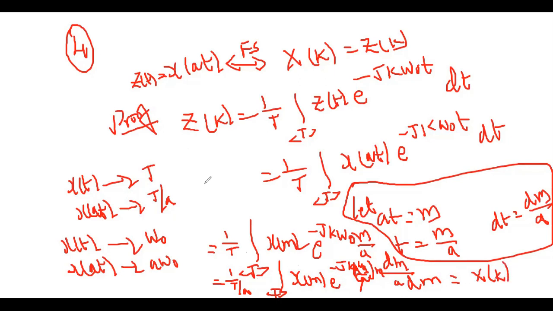Nothing changes: x of k. The time period is T by a, the frequency is multiplied with a and gets cancelled, again the same function. The k omega naught is there, and the time period changes to T by a. z of k is equal to x of k. The scaling property says this. Got it, my dear friends?